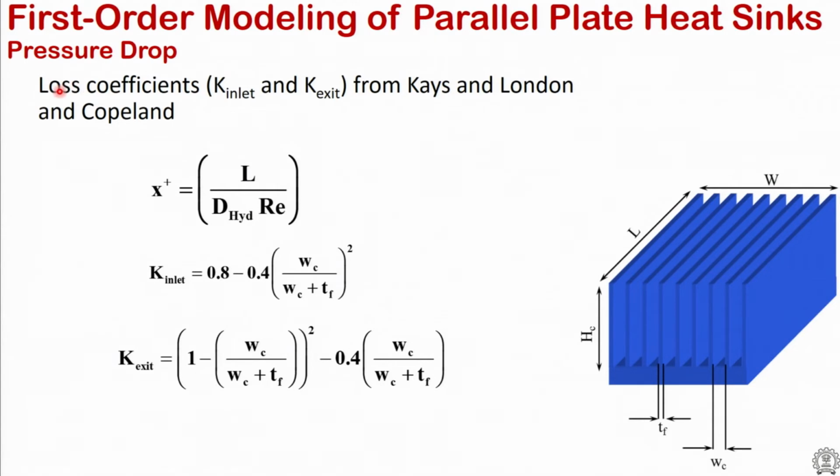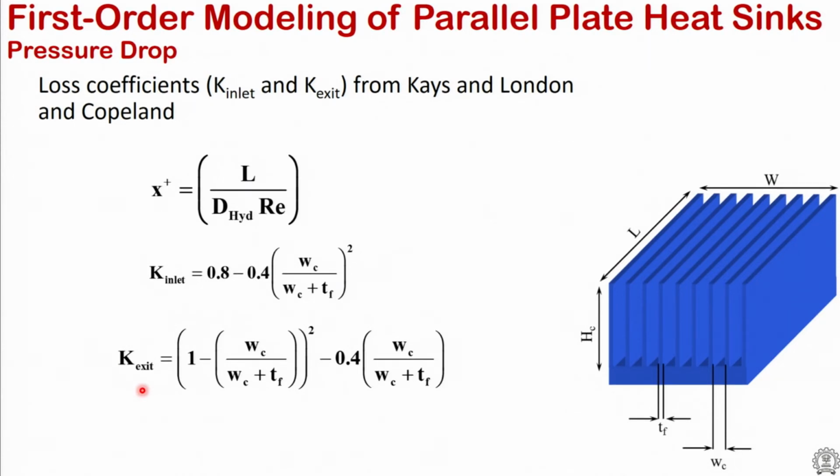So these loss coefficients again can be, WC is given as the spacing between the channels, TF is the thickness of the fin, and these are coming from Kays and London and a few other authors, and these are well known and well established, and so we just use these numbers to predict pressure drop across the heat sink.